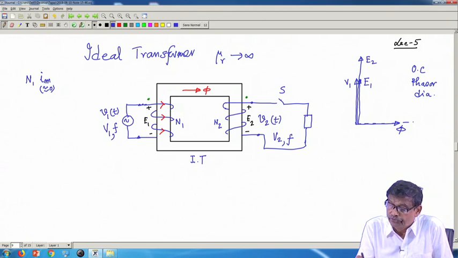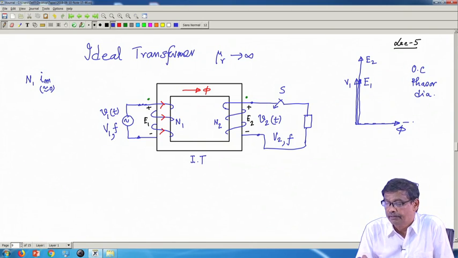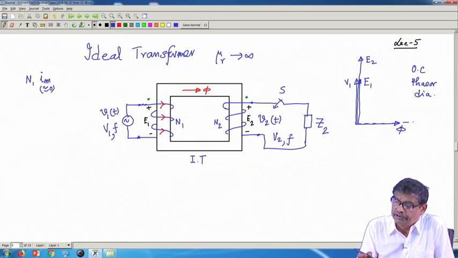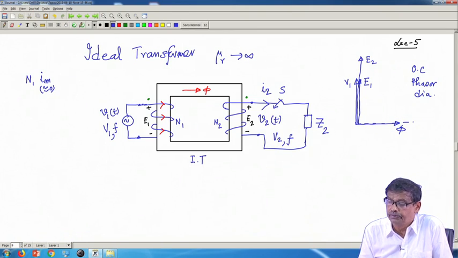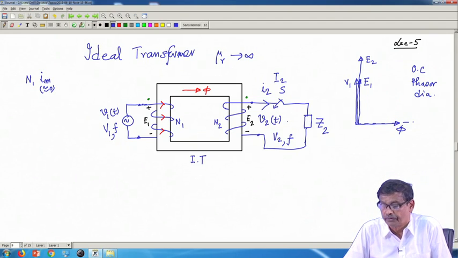Then when you close this switch, there is an EMF available, and there is an impedance here, Z2. Therefore, there will be current in the circuit. Instantaneous current is i2, or phasor representation is capital I2. This current will be delivered to the load.